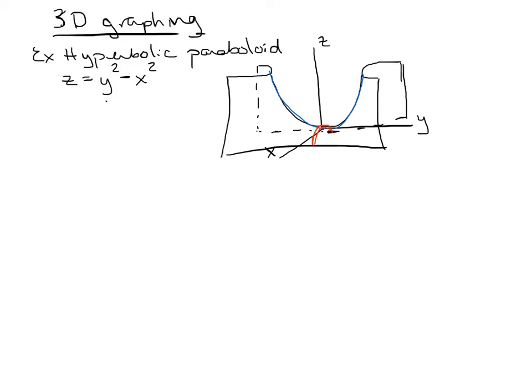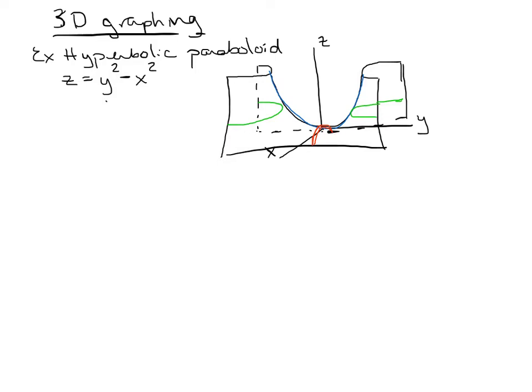Then we have another few parabolas. If we were to squish this flat on the XY plane, we would see parabolas there and there, and well, all along there. But there's some other parabolas there.